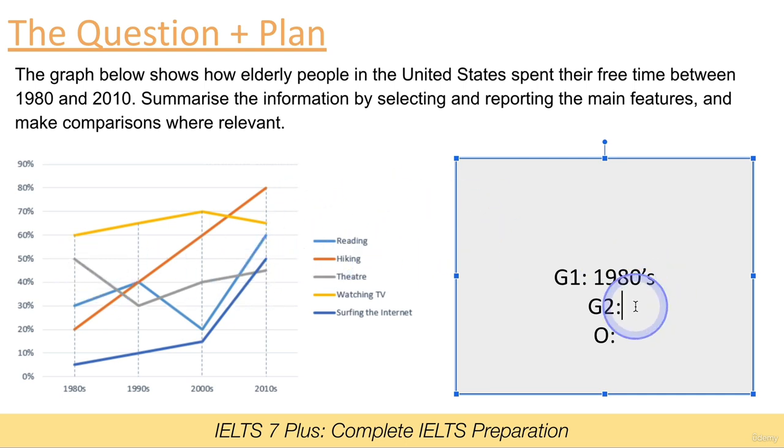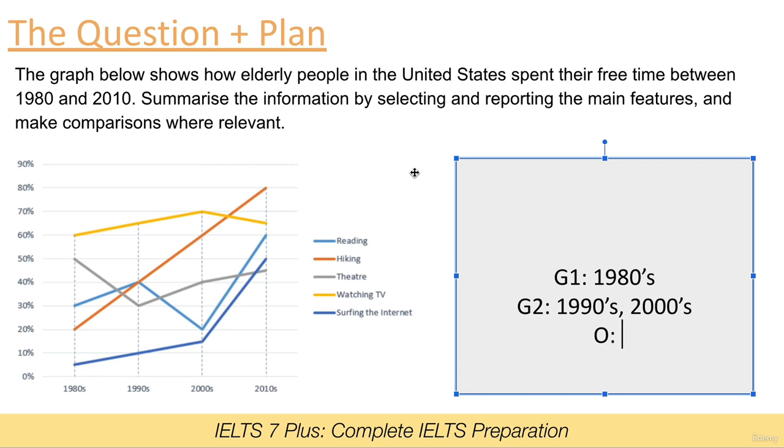Let's think about group 2 then. We'll do the 1990s and we'll look at the 2000s, or the noughties, which is how it's commonly referred to, and we'll group them together and just pick the main features there. Okay, so then let's have a think.